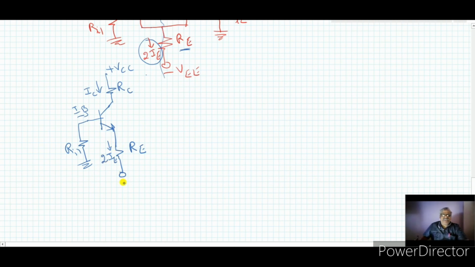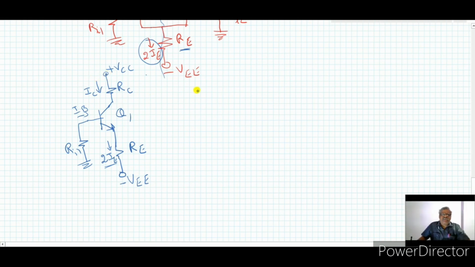Otherwise, we get wrong answers. So the current flowing through Re as 2IE is correct, and here the potential is minus VEE. Like this, we can draw only the single transistor circuit. In the same way, you can also draw the transistor Q2 circuit, because both are identical. There is no problem. Any one circuit you can take.